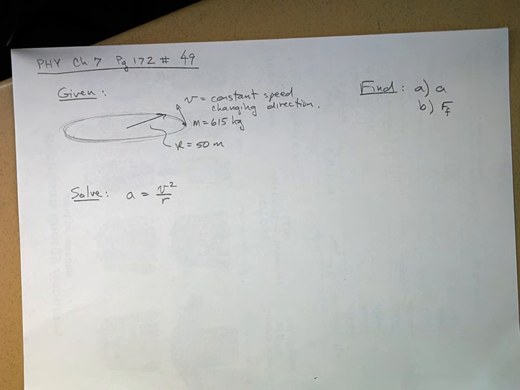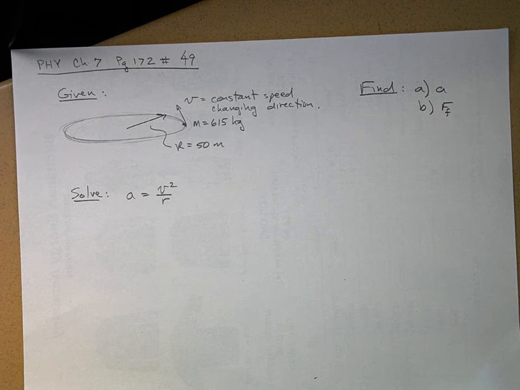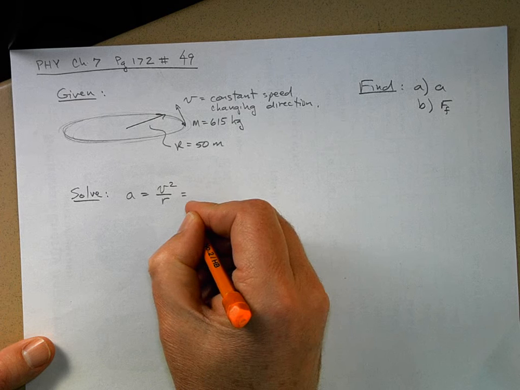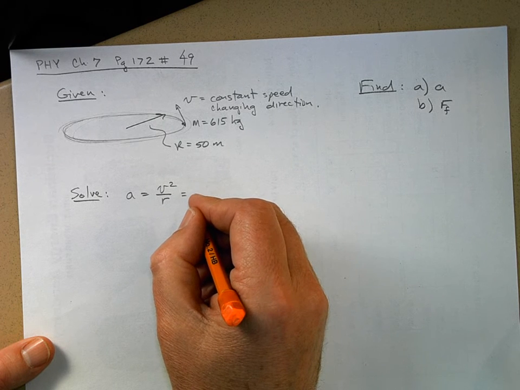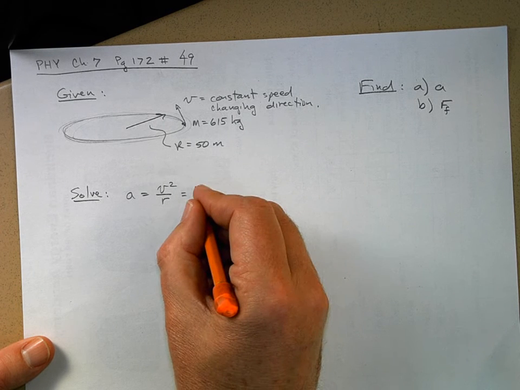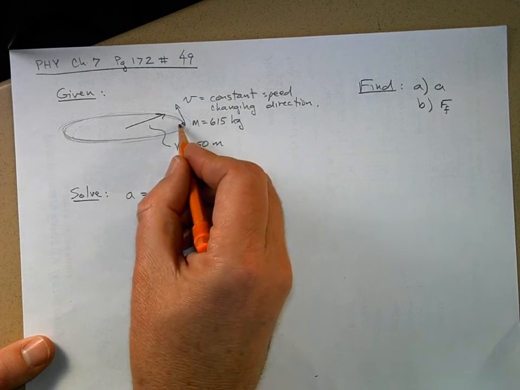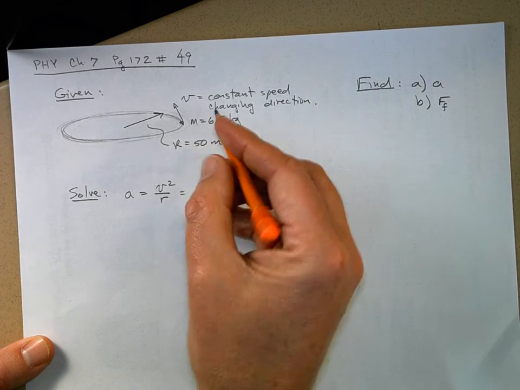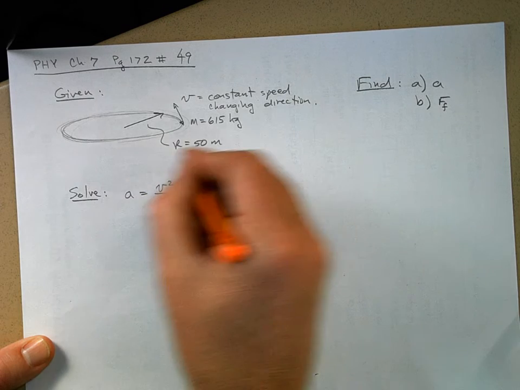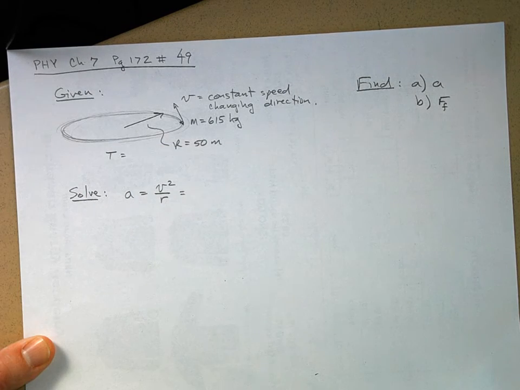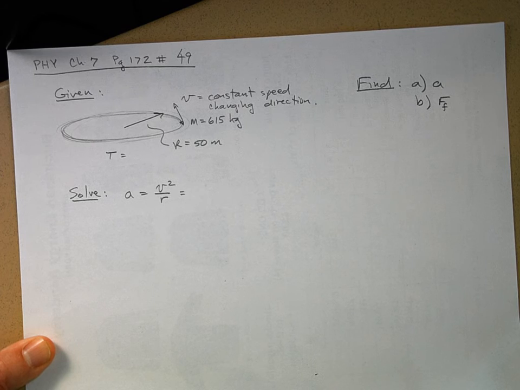That's the magnitude of it, and the direction is pointed towards the center of the circle. But we don't know what the velocity is, do we? Oh, one thing I forgot to mention. How long does it take to go around? I forgot to put that on here. We call that the period. So the time it takes to make one lap was given to be 14.3 seconds.